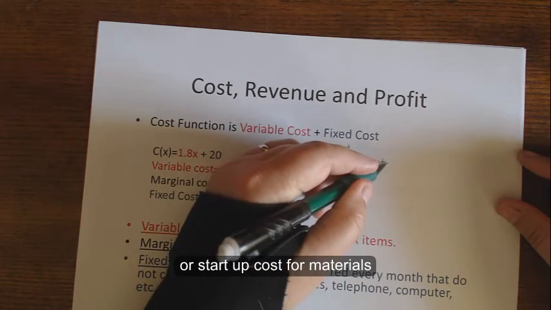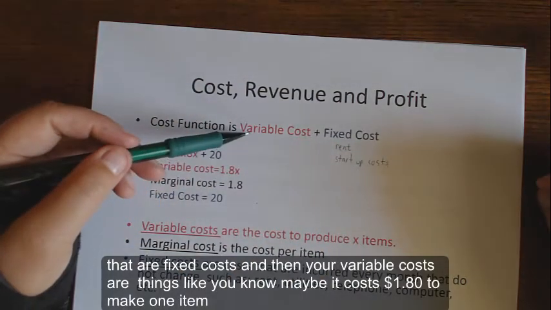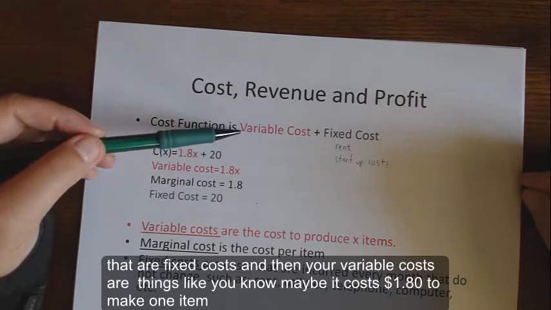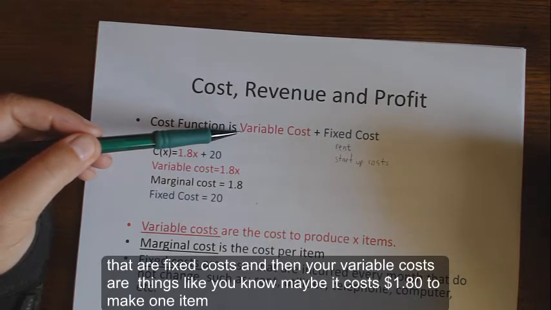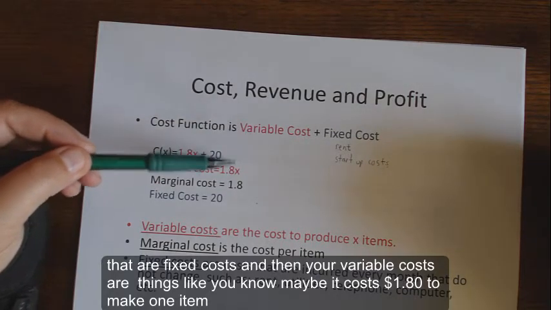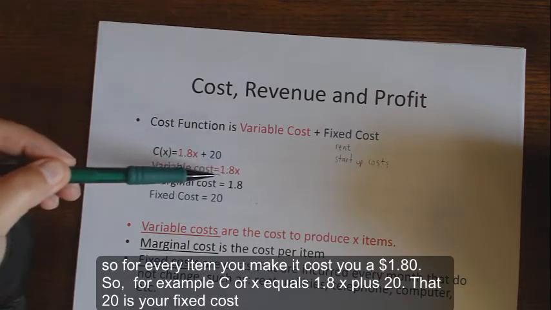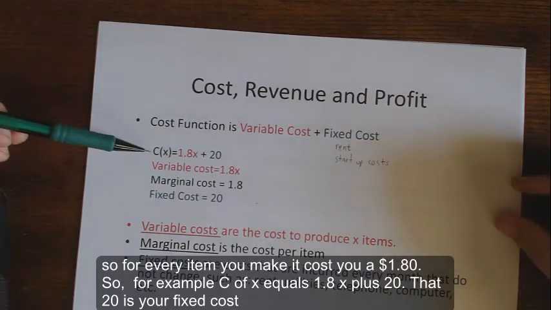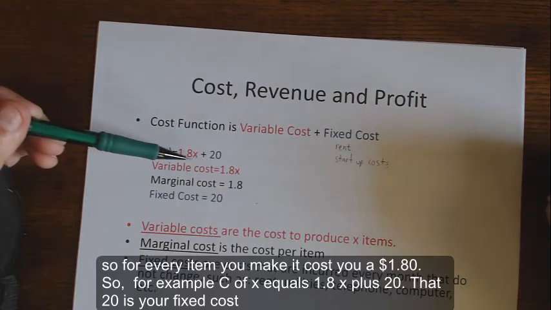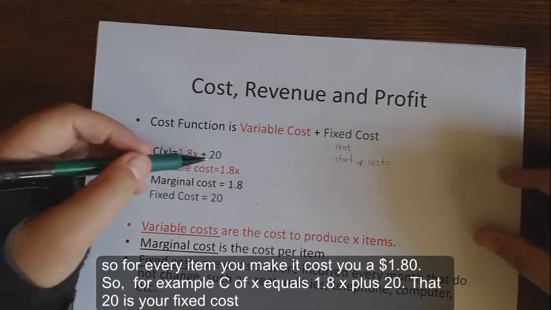Those are fixed costs. And then your variable costs are things like, maybe it costs $1.80 to make one item. So for every item you make, it costs you $1.80. So for example, C of x equals 1.8x plus 20. That 20 is your fixed cost.